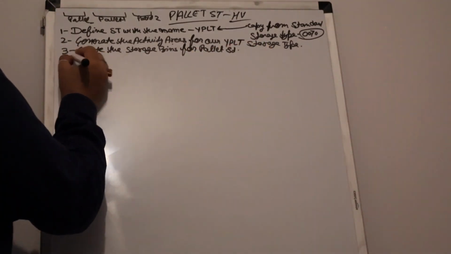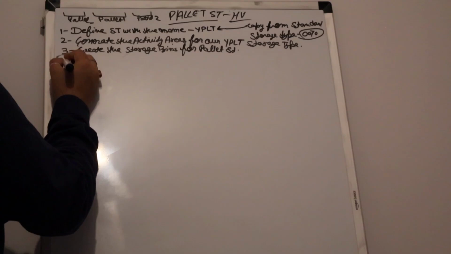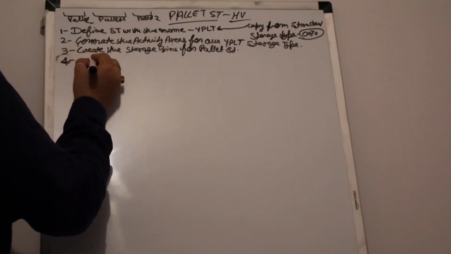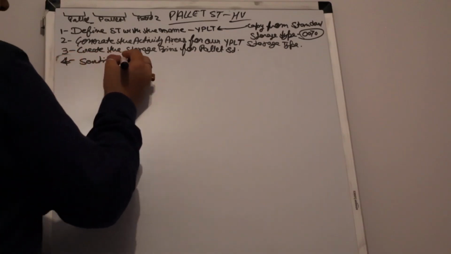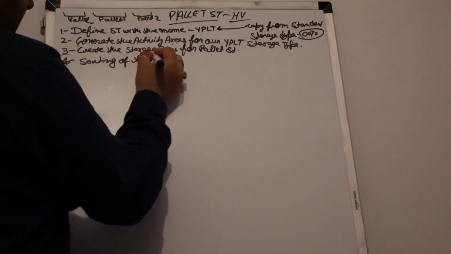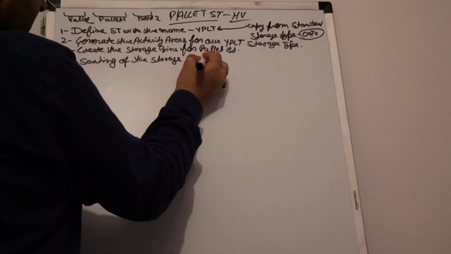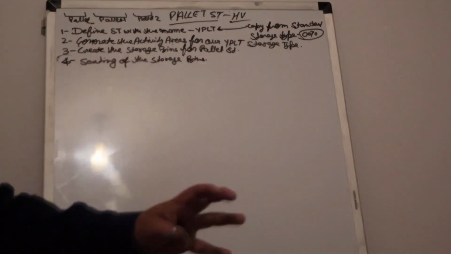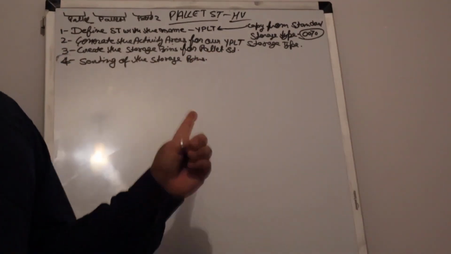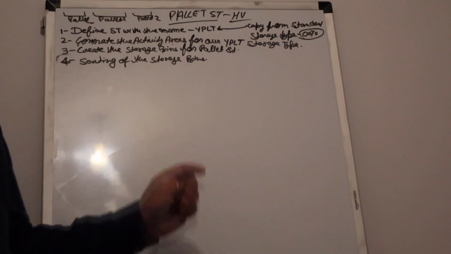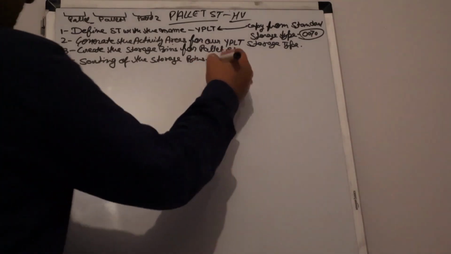In the fourth point I will do the sorting of the storage bins. When we do the sorting, all the bins will be optimized. And how do we create the bin?